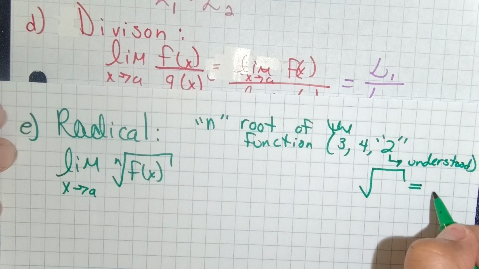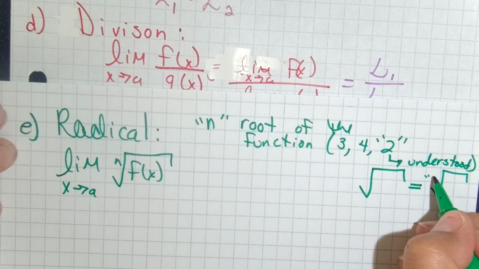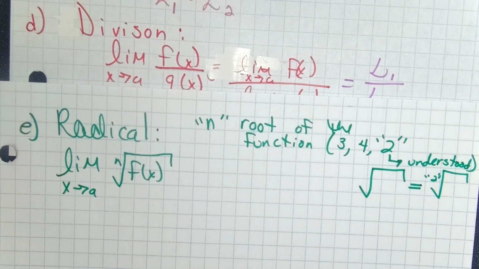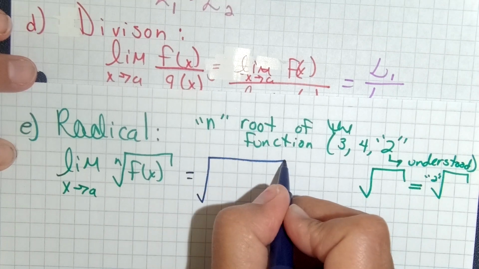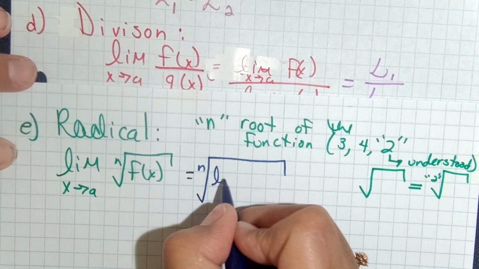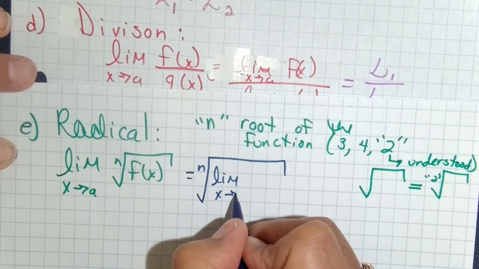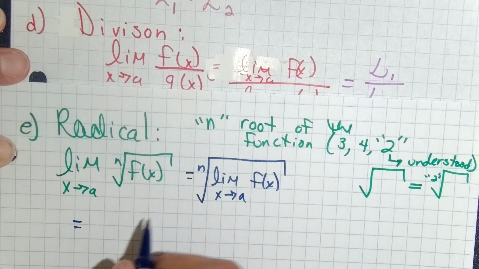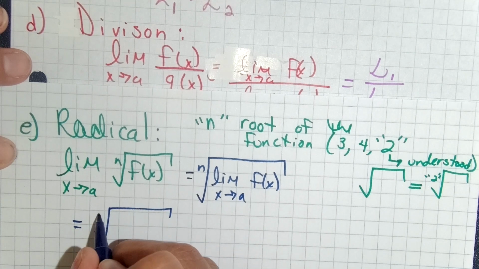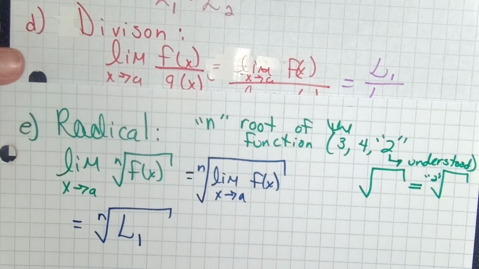This has an understood 2. So all that means is I can take the nth root of the limit and that's just going to be the nth root of your limit.